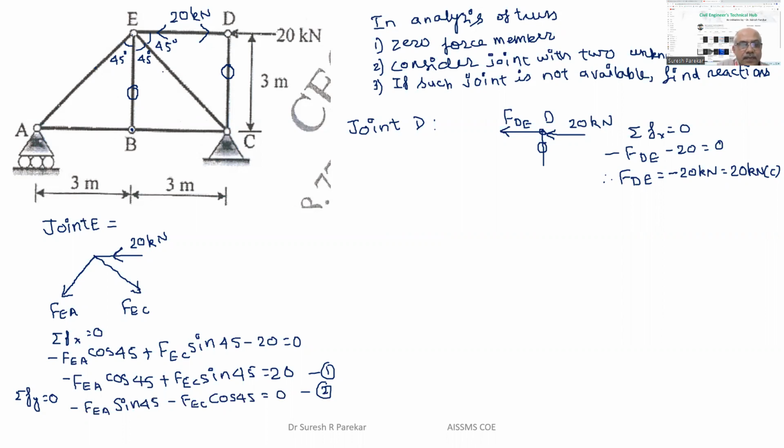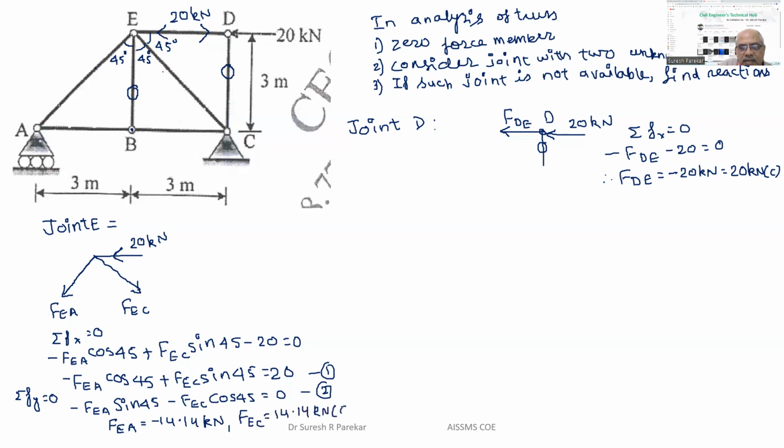And we get FEA as minus 14.14 kilonewtons, and FEC as 14.14 kilonewtons.